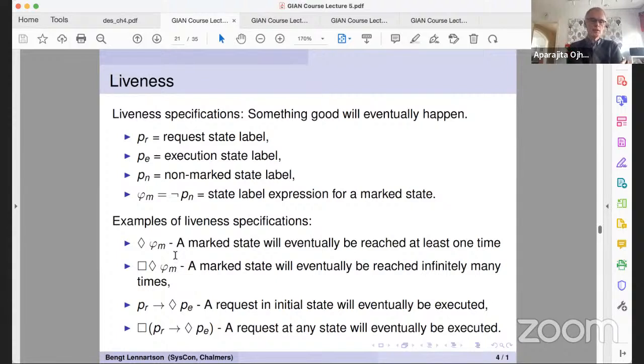Another one could be that if you make a request, say for instance, a request in an initial state will eventually be executed. So if you write PR, it means that there is a request for something. Then eventually that request will be executed by the execution state label PE.